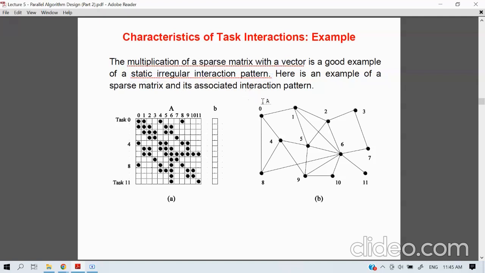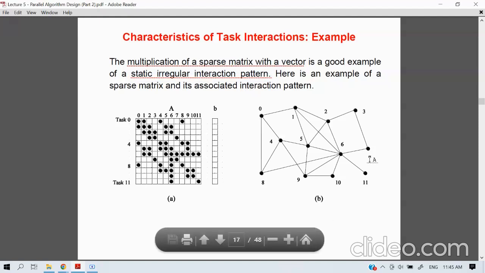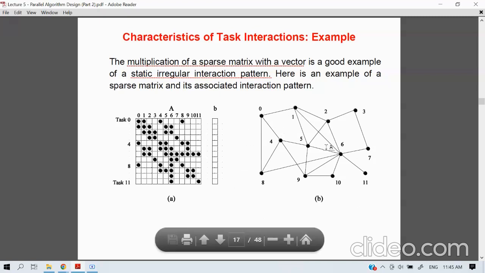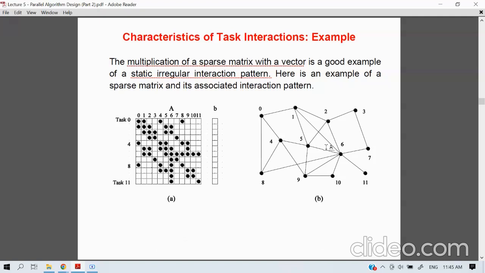Why do we say it is irregular? Because of the pattern itself. When they want to interact with each other, not all nodes have the same interaction. Maybe 0 will interact with 8, 4 and 1 only. So that's why it is called a static irregular interaction pattern. Not the same.